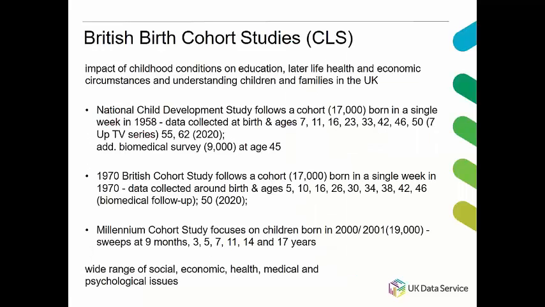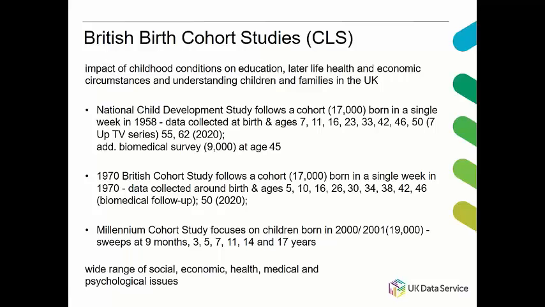And basically, all of these British birth cohort studies are aiming at making it possible to analyze the impact of childhood conditions on education, later life health and economic circumstances, and understanding children and families in the UK.